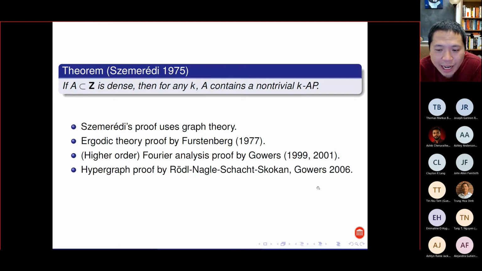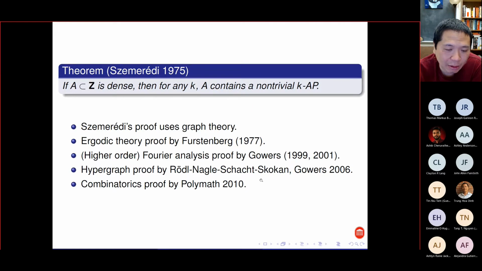And that's not the end of the story, because after that, we also came up with another proof using hypergraphs. And even recently, there is a new proof by Polymath, which is a collaboration by multiple people, led by Tao and by Gowers.